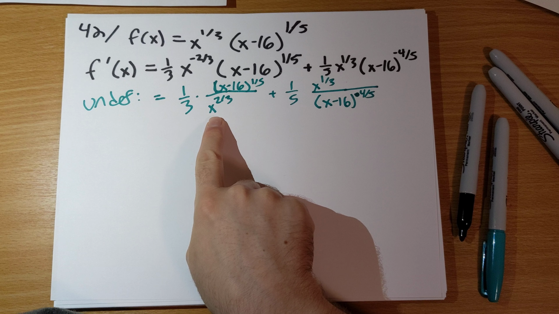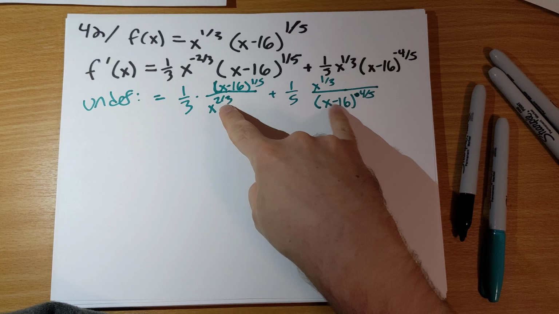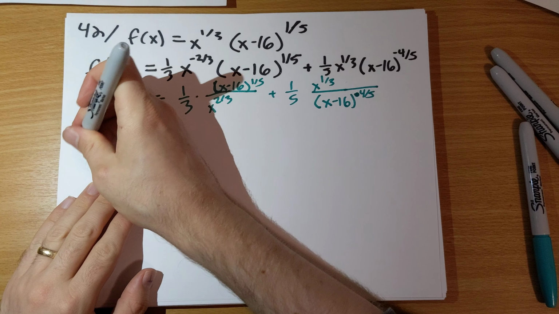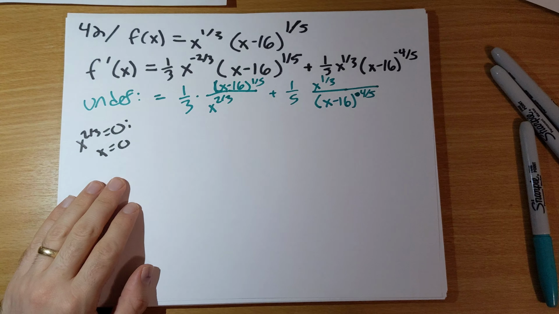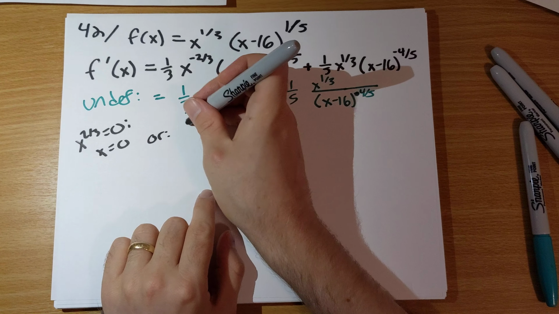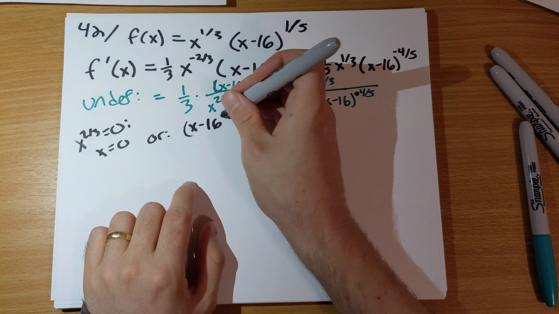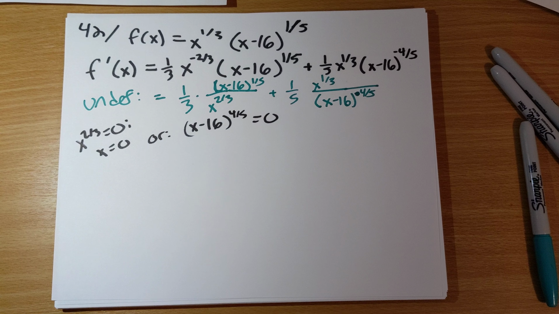So we see here that there are two places where we could run into trouble if either of these denominators is equal to 0. So we could have x to the 2/3 equal 0. So that's x is equal to 0. Or we could have (x minus 16) to the 4/5 equal 0.